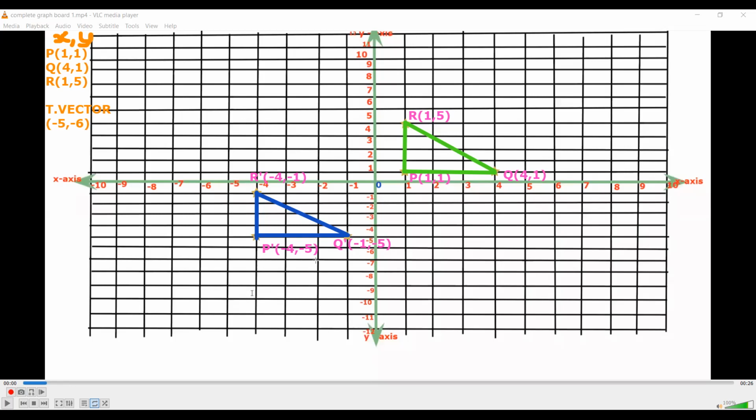I think the question was asking to write down the coordinates for R prime, P prime and Q prime, that is, the images.